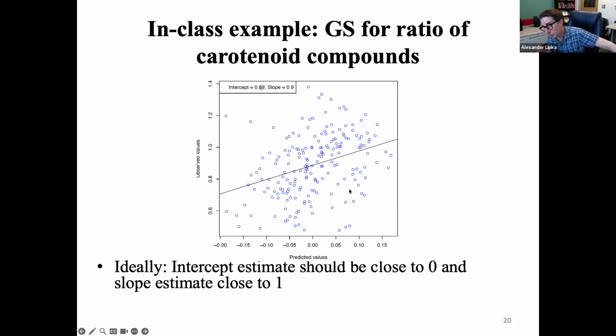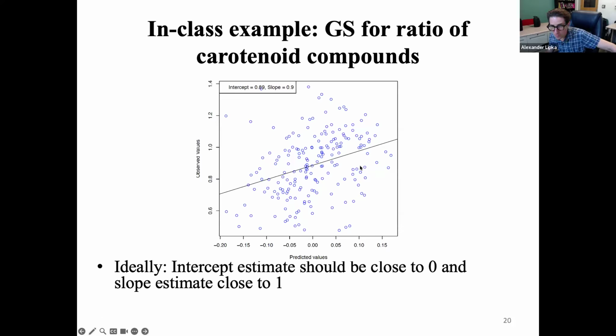Then you fit a simple linear regression model, where observed is the y variable and predicted is the x variable. If your intercept estimate is around 0 and your slope estimate is around 1, then you can rest assured that your model is not really biased. The units of measurement will be realistic.